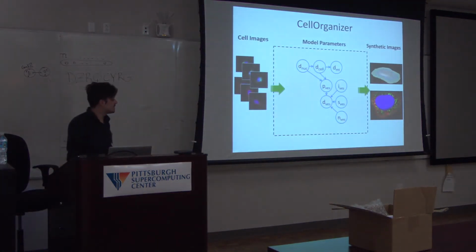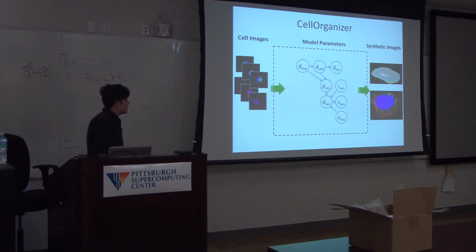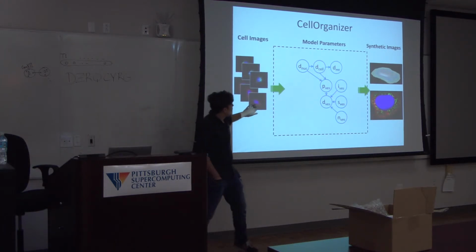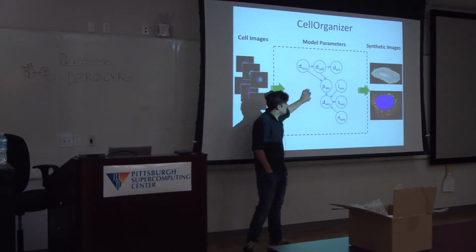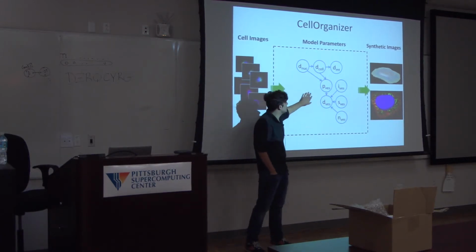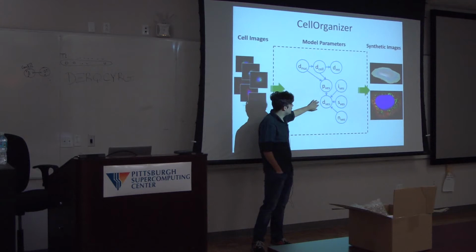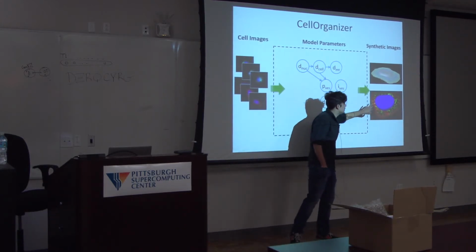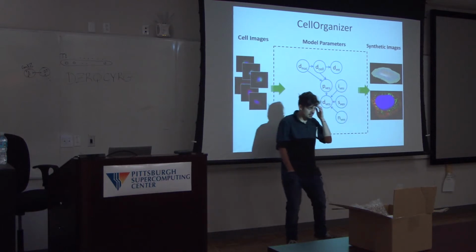So you guys have seen figures similar to this this morning, where we take cell images, we model the distribution of how the components of these images are related. And then from that, we can model the distribution and generate synthetic cell images.